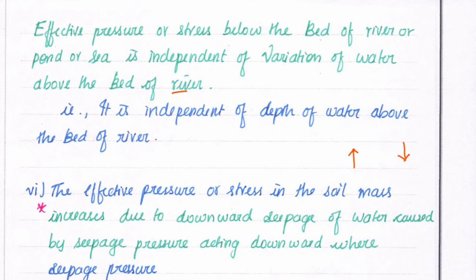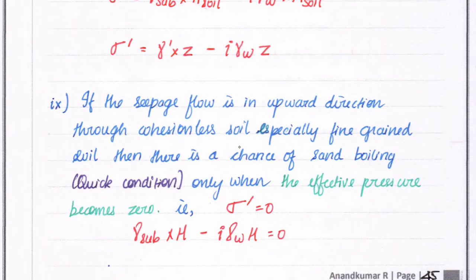We already know about the quicksand condition or boiling of sand. Especially in cohesionless soil and fine grained soil, there is a chance of the quicksand or boiling condition occurring whenever the effective pressure is 0.